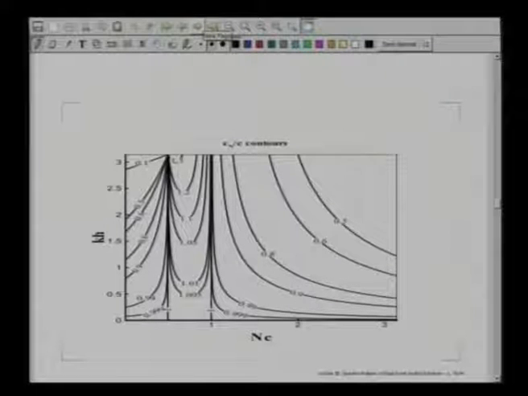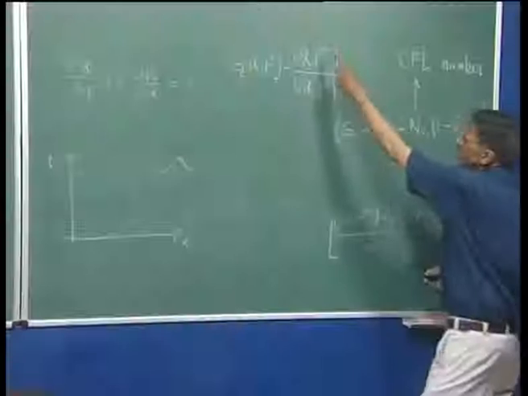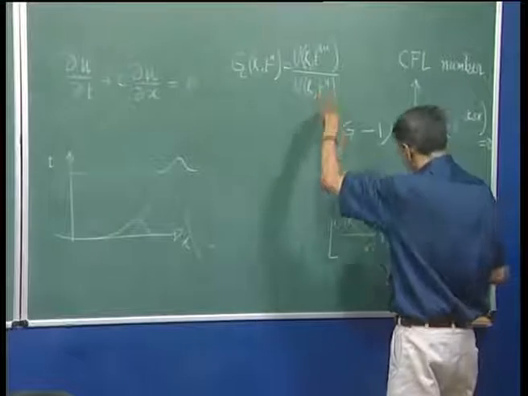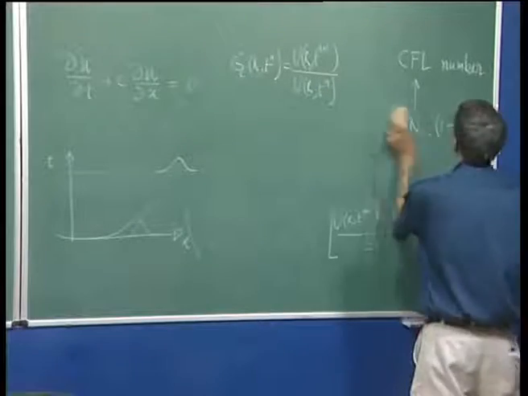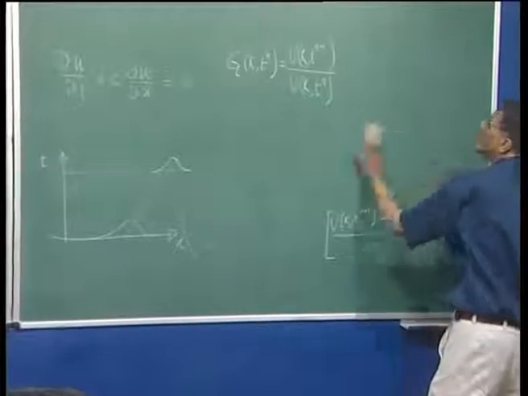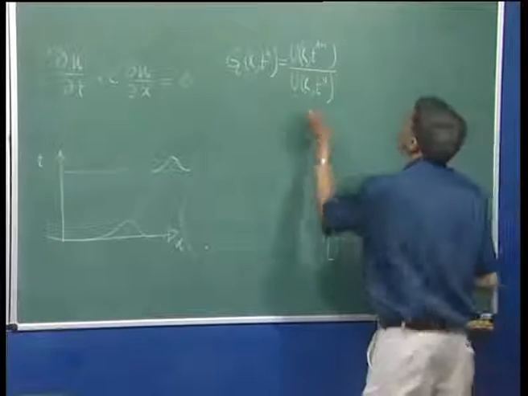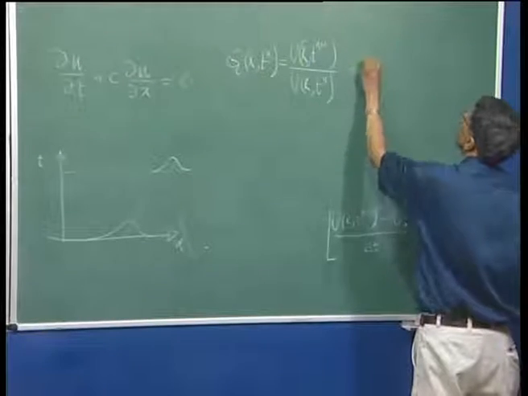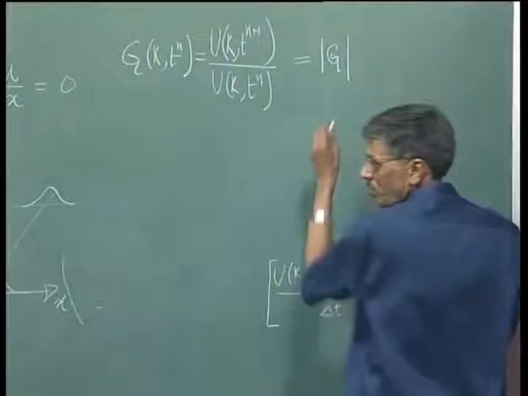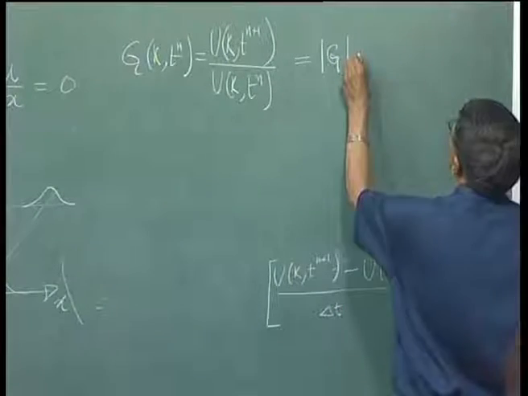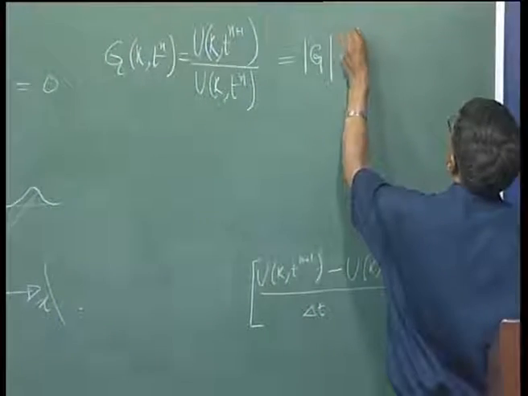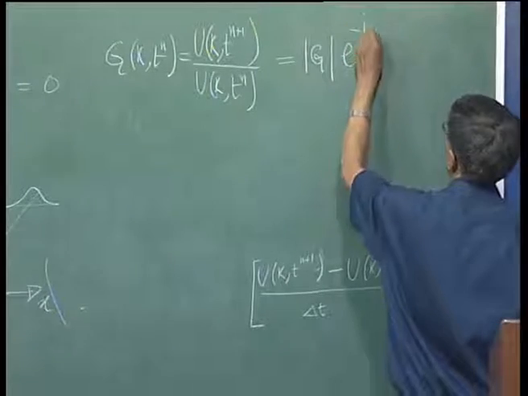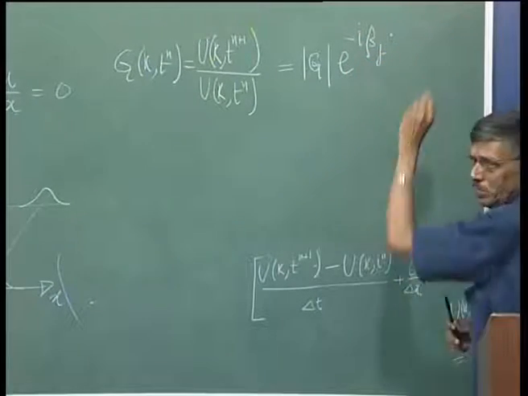Then we can plot this C n by C. Basically, what we have written down here is G as given here. This could also be written in terms of the modulus of G, which is what we plotted in the previous slide, and then we can also get its phase, which I write as beta j.